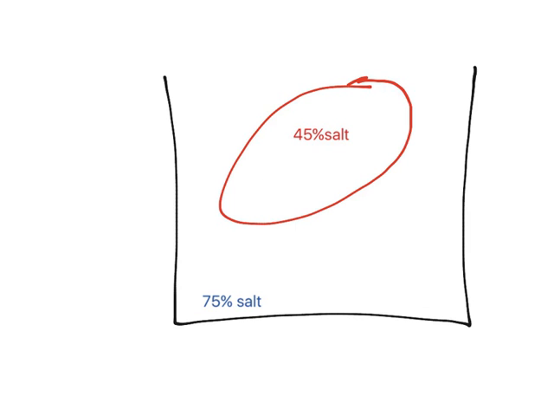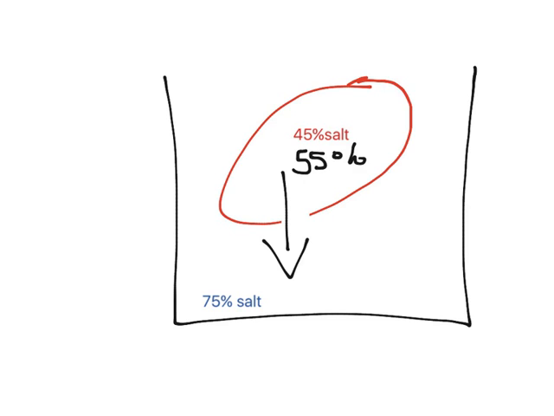In this solution, you see that there is 75% salt outside of the cell and 45% salt inside of the cell. In a salt solution such as this, the water is going to move from an area of low salt concentration to an area of high salt concentration. Because inside of the cell, if it is 45% salt, then it means it is 55% water.